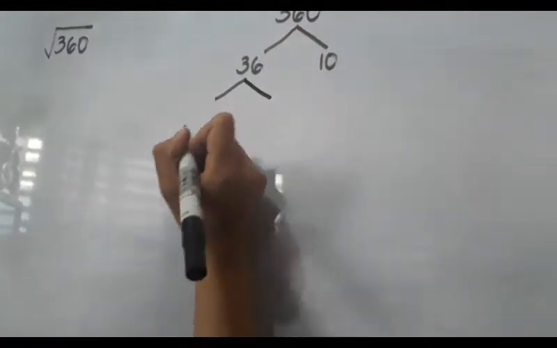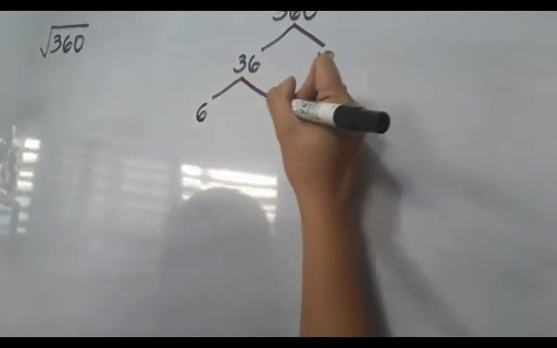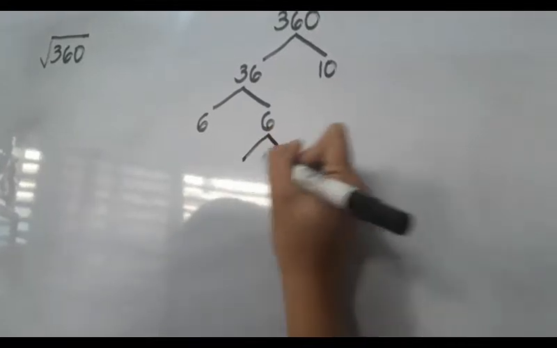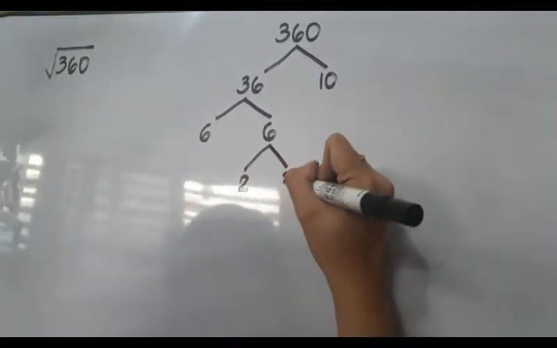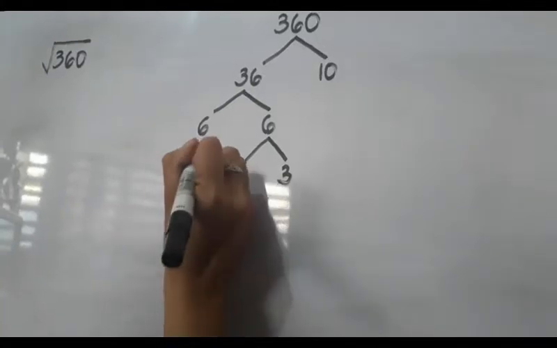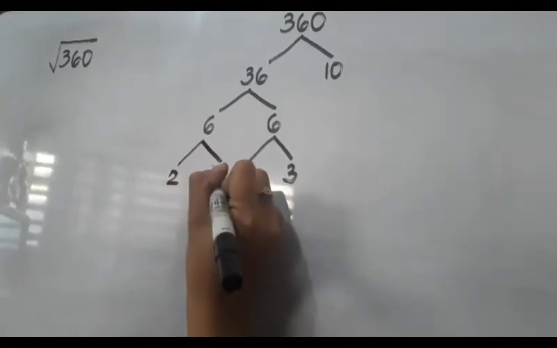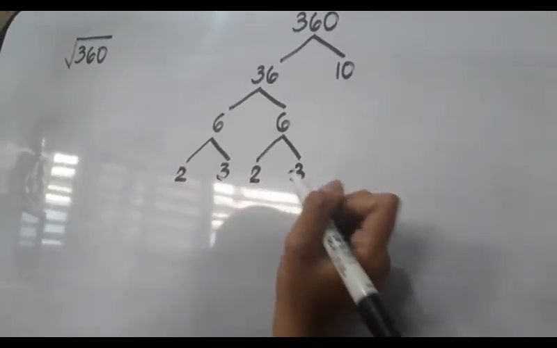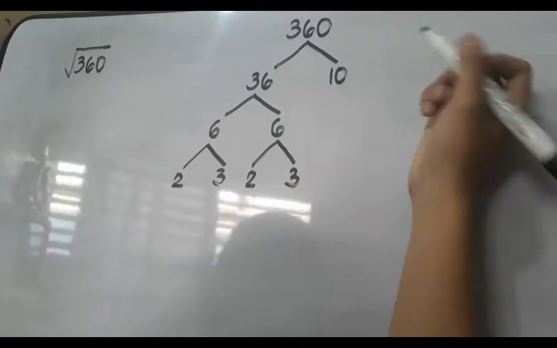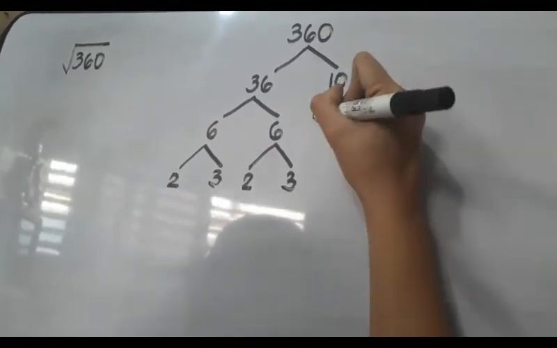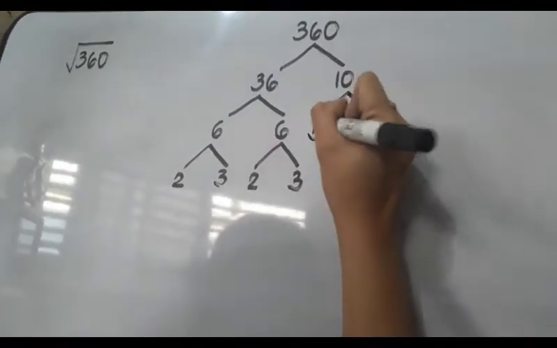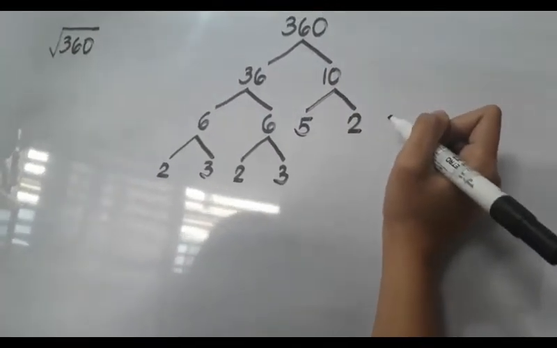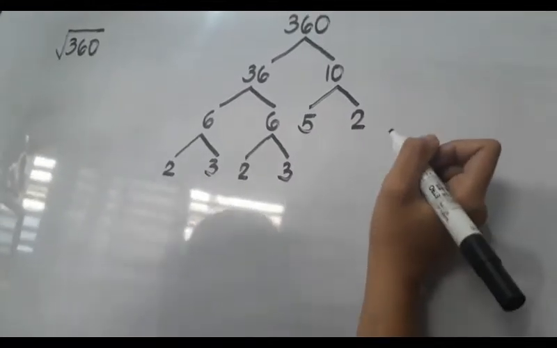So we have 36, 6 times 6. And the 6 has the factors of 2 times 3. The same here, 2 and 3. Since 2 and 3 are already prime, we can now move to the factors of 10. So we have 5 and 2. 5 and 2 are already prime also, so we're done.